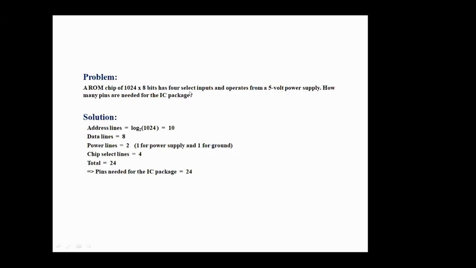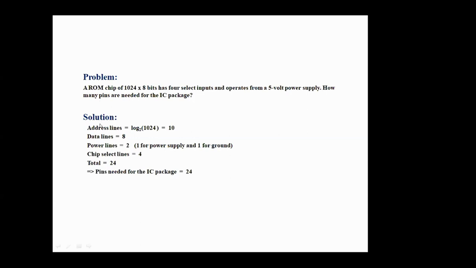So there are 4 selection lines going in, and obviously every chip needs a power supply, so this chip needs a 5-volt power supply. The question is, how many pins are needed for the IC package? So how many pins will be there?